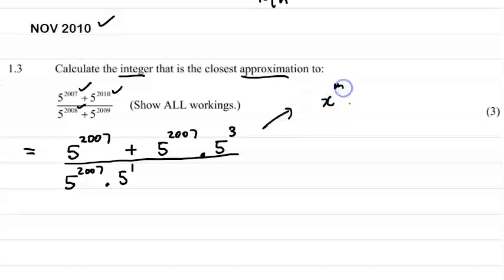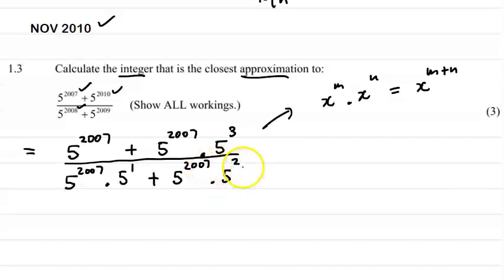Remember x to the m times x to the n is equal to x to the m plus n. So we're just breaking it up using the law of exponents. 5 to 2009, so that will be plus 5 to the 2007 times 5 squared. 2007 plus 2 is 2009.